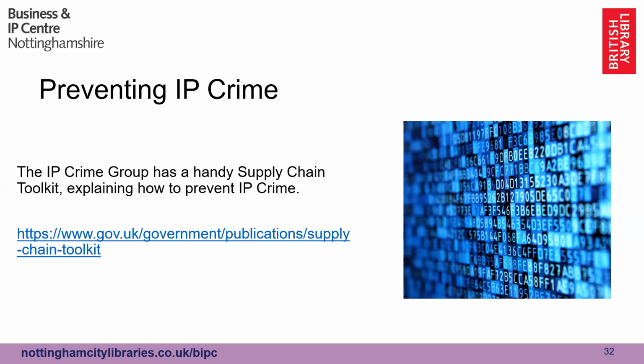This could be something like software that informs you if somebody is using your software or is uploading your images without having a license. The IP crime group has a supply chain toolkit, which has a lot of different methods of how to build in those early warning signs. You know that saying, prevention is better than cure, and that applies here to IP as well.